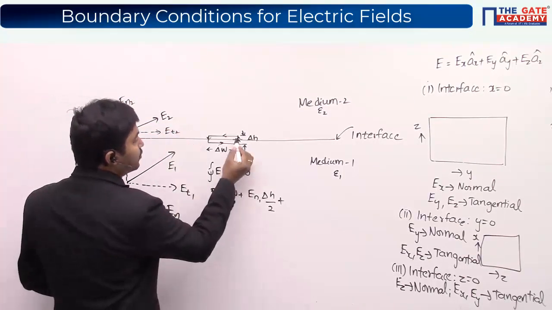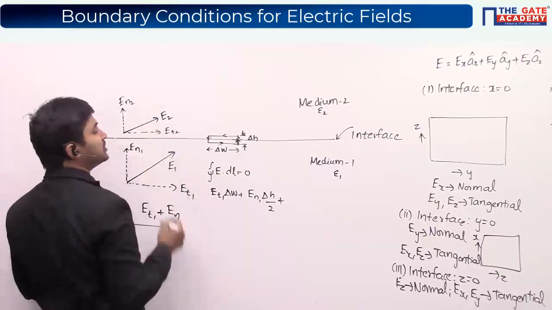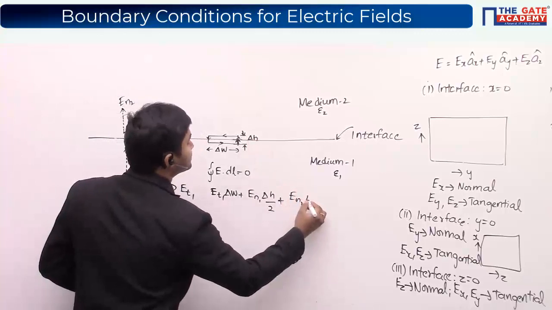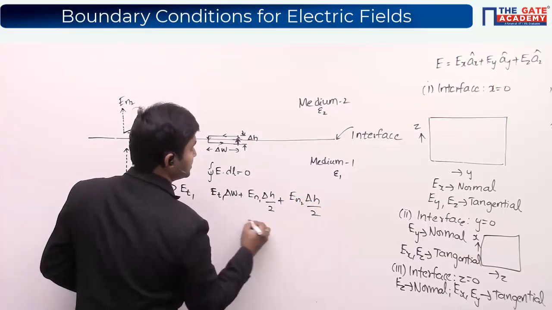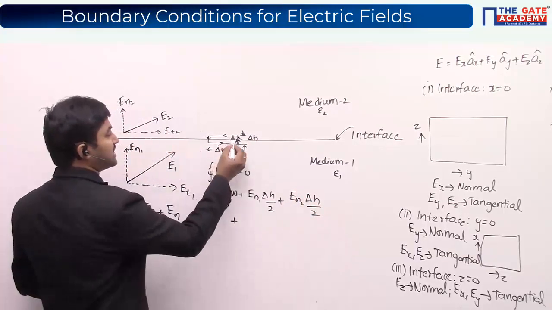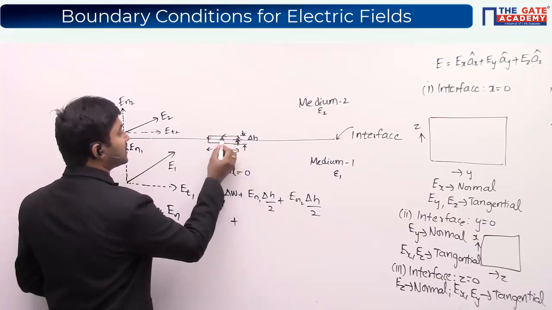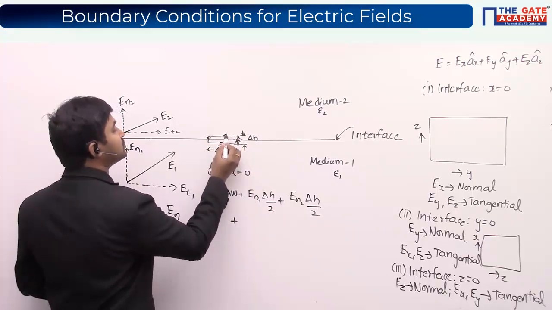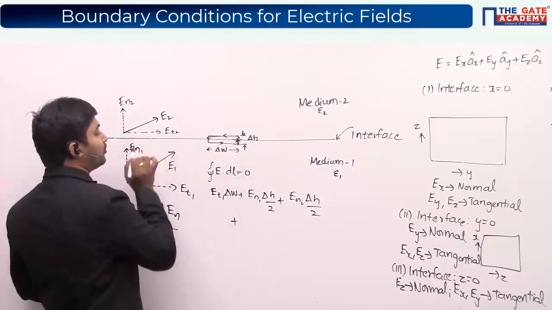Now here, because it is moving upwards in the normal direction itself, I would say it is En2 multiplied by the height, which is del H by 2, plus here you see in which direction the electric field is moving. The electric field is moving opposite to the actual tangential component.